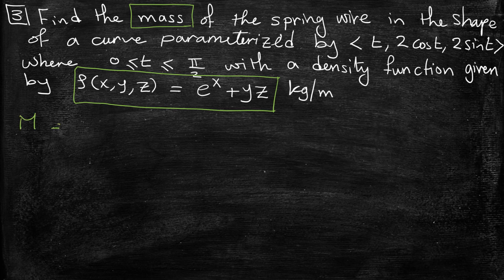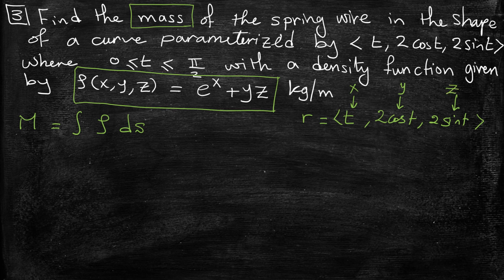So for sure this mass will be the integral of this rho, with the integration with respect to the length s or L. Doesn't matter the name of this variable right now. And we have the curve parameterized with some formulas, which has this t as your x, and 2 cosine t represents y, and 2 sine t represents z.